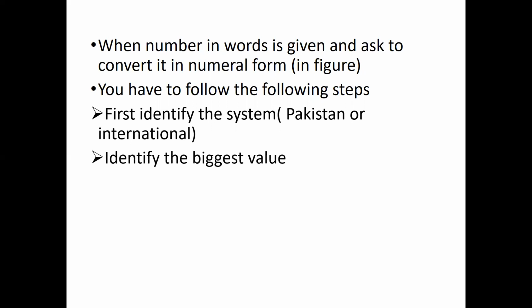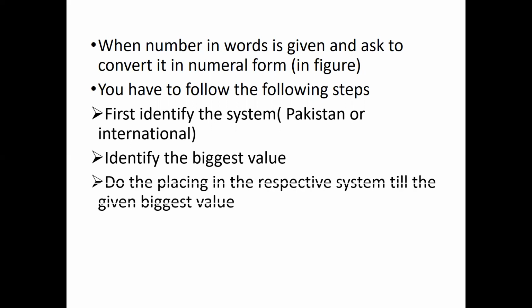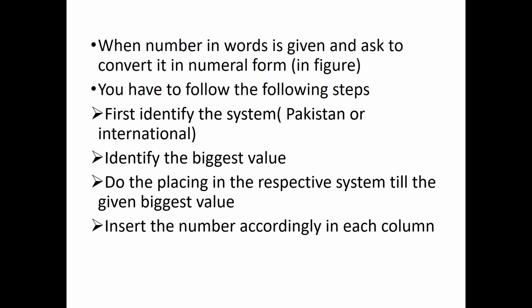Then identify the biggest value given in the number name, whether it is crore, 10 crore, 100 million or 10 million. Do the placing of the respective system starting from the unit till the biggest value given in the number. Then insert the numbers in each column.